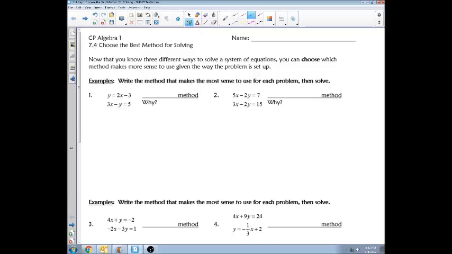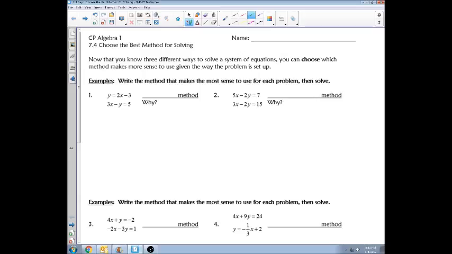So what we're going to do first is we're going to go through each one of these 4 problems and we're going to talk about which method is the best way to solve. You can either graph them, you can use substitution, or you can use elimination. So problem number 1, I have y equals 2x minus 3 and I have 3x minus y equals 5.